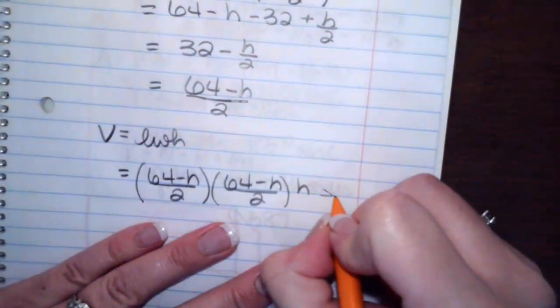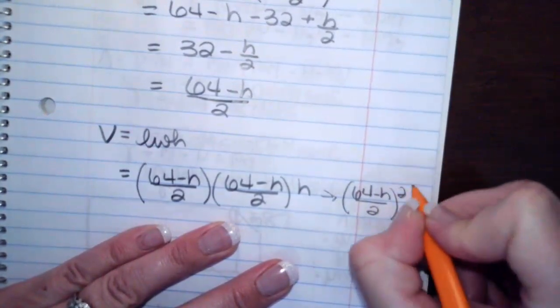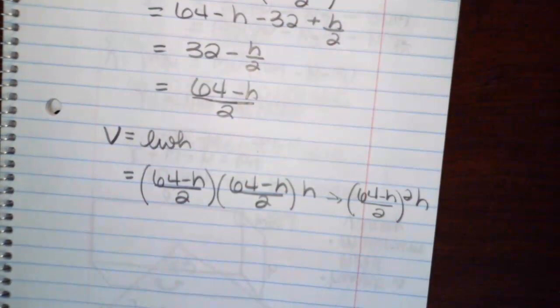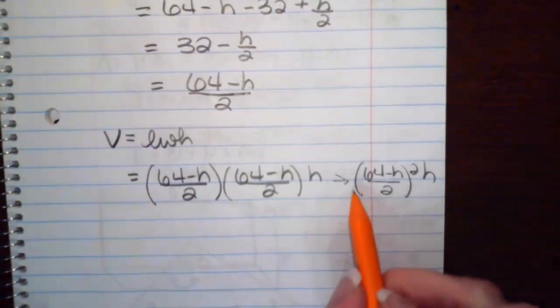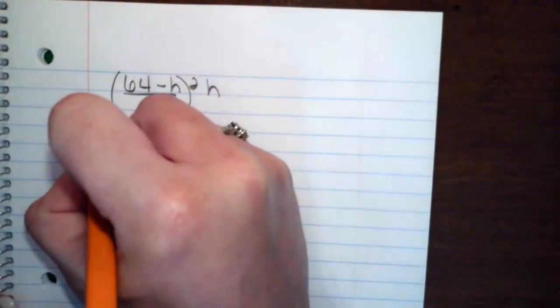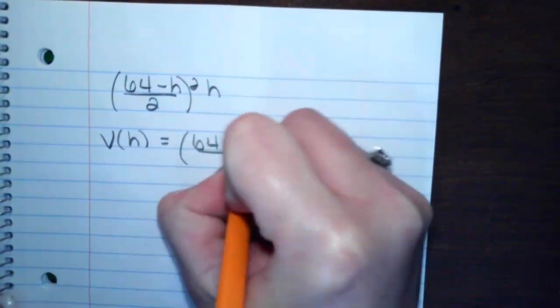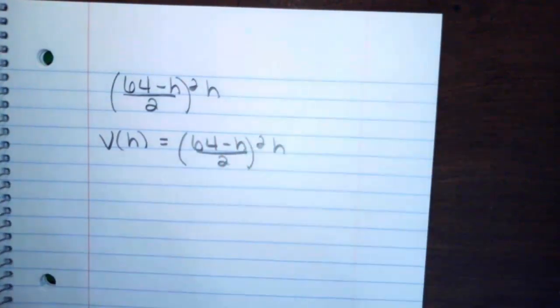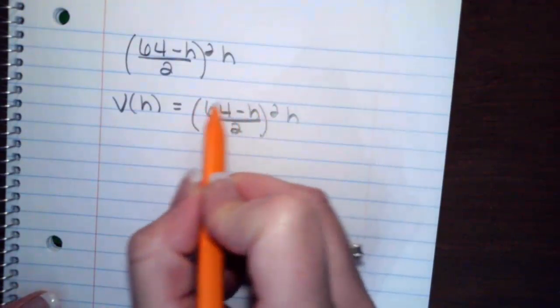So I can rewrite that as 64 minus H over 2 squared times H, and that's the maximum volume as a function of H. So I'm going to go ahead and expand this.